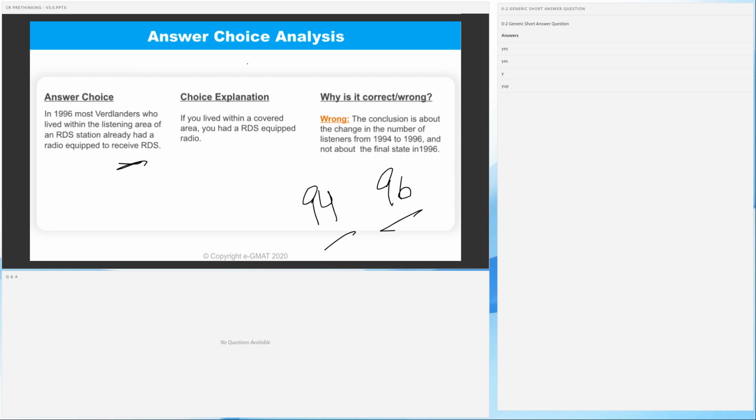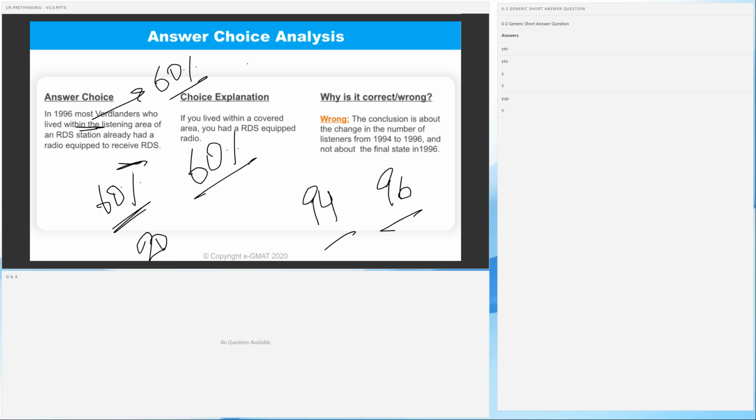Okay. Now tell me this. For my conclusion to be true, is most needed? Let's translate most to 60%. Is it required that 60% of people in 94 have the RDS radio? And is it required that 60% of people in 96 have an RDS radio? In other words, would the conclusion not be true if in 94 just 20% of people had an RDS radio, and also in 96 just 20% of people had an RDS radio?